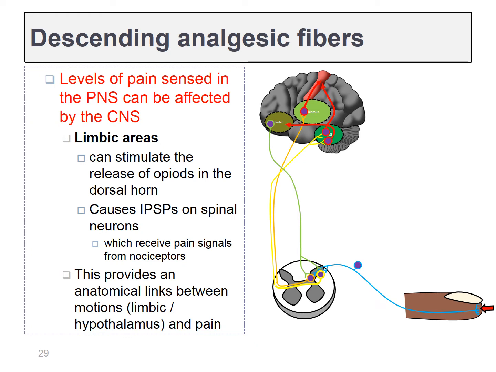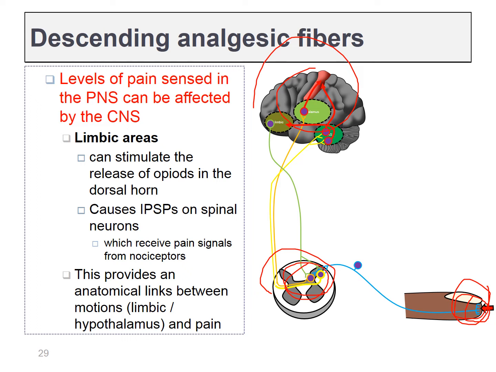Opiates, for instance, can be released, causing IPSPs, making these second-order neurons less sensitive. And for that reason, the painful stimulus happening out here may not be transmitted when it reaches the spine, and your brain doesn't feel it. Or, more realistically, it feels less painful.